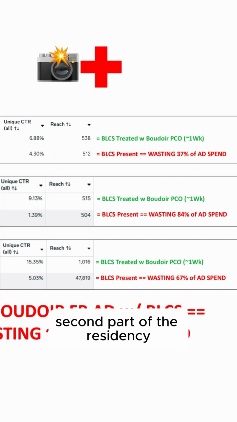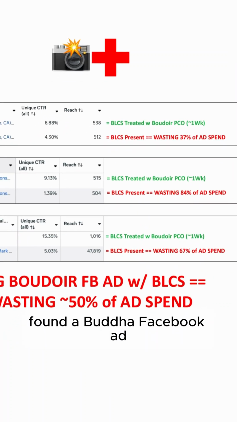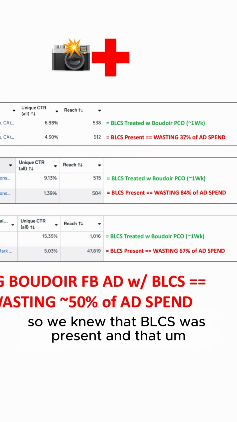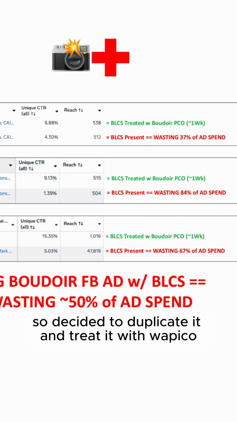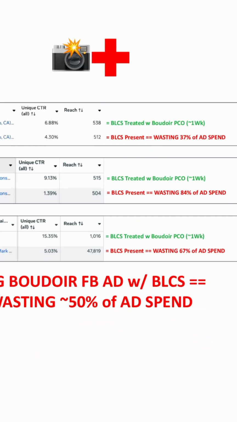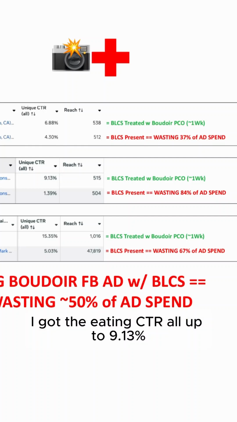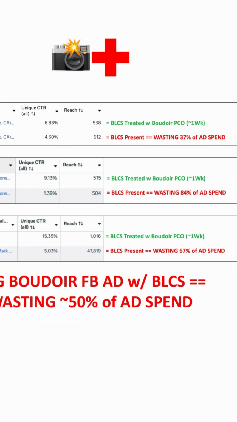Second part of the residency, I found a boudoir Facebook ad that had a 1.39% unique CTR. So we knew that BLCS was present, and decided to duplicate it and treat it with boudoir Pico. It takes about a week. I got the unique CTR up to 9.13%.